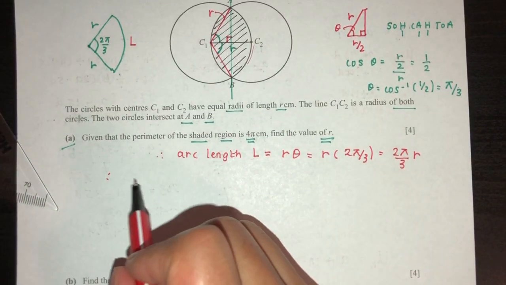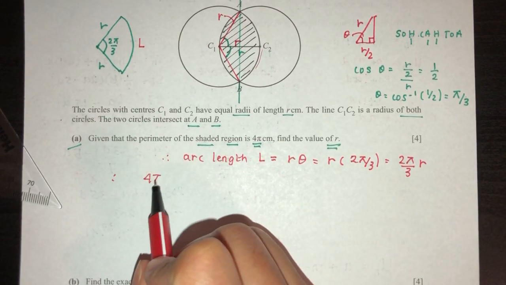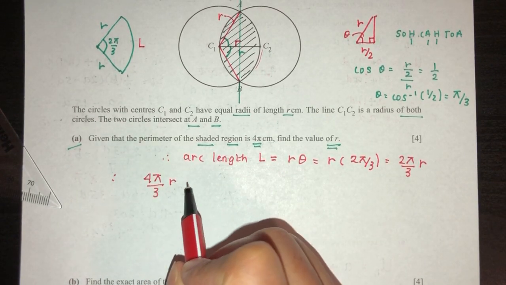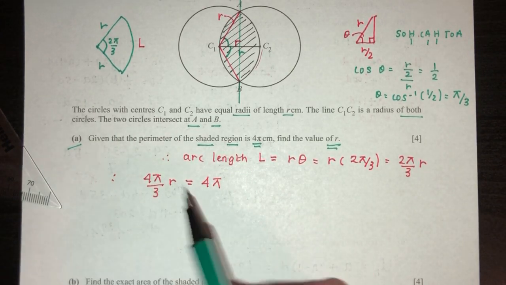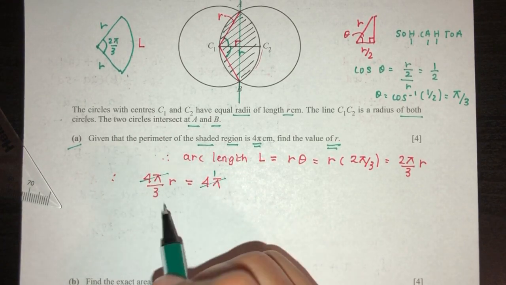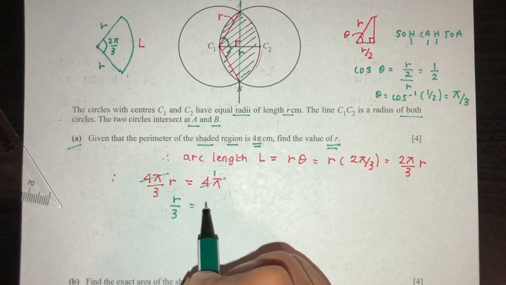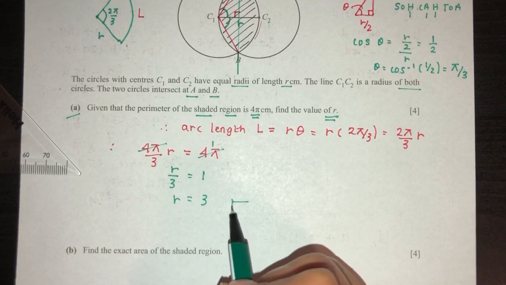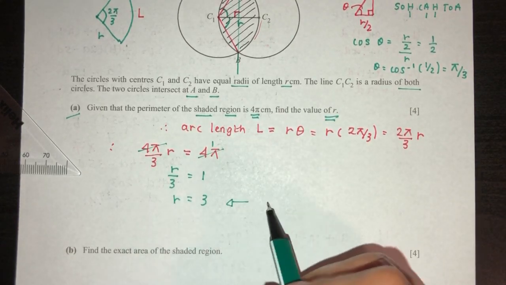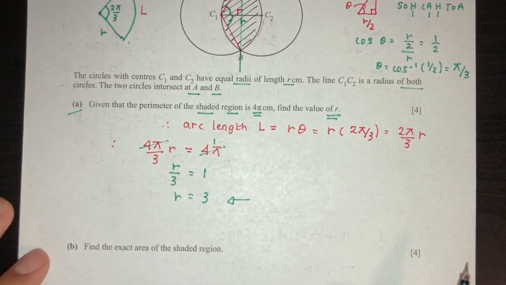So we get 4 pi over 3 r is equal to 4 pi. These two cancel out. You have r over 3 equal to 1, so r has to be equal to 3. The value of r is 3 centimeters for your radius.